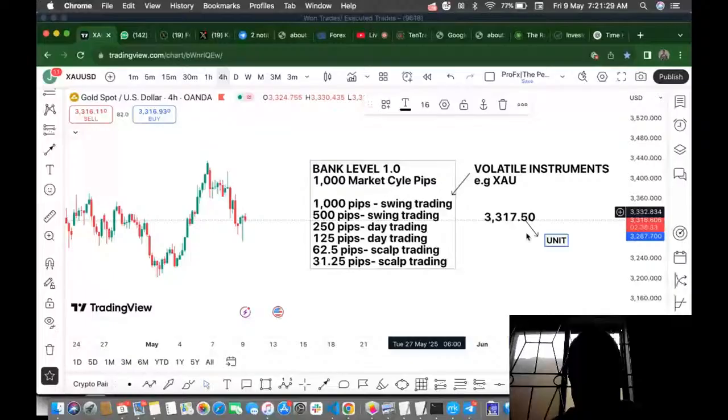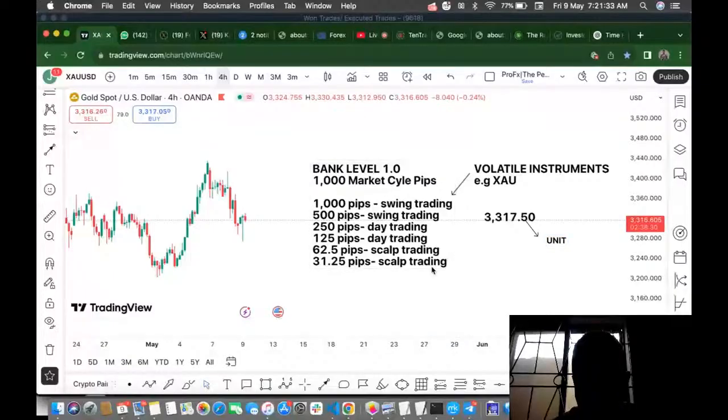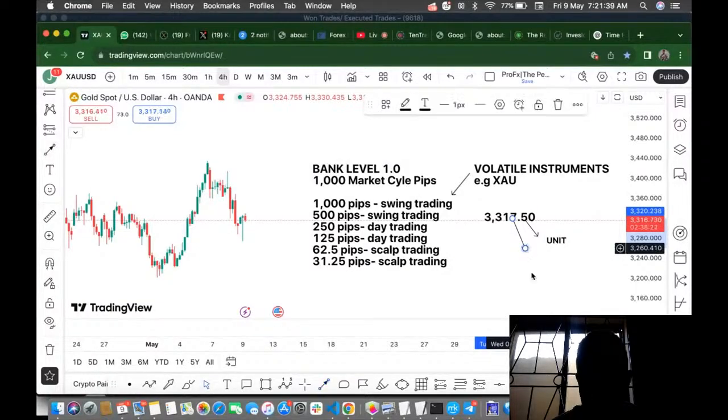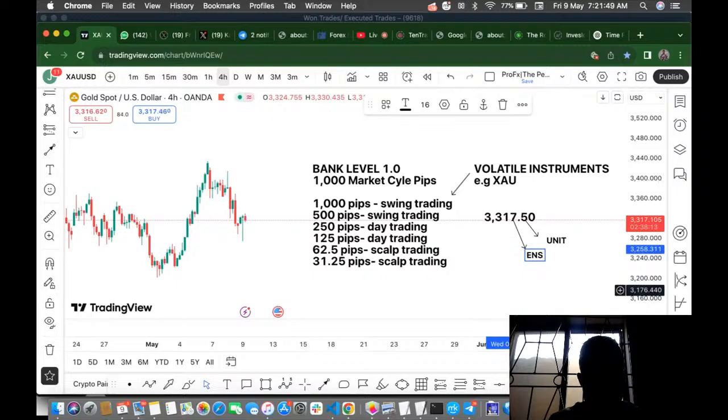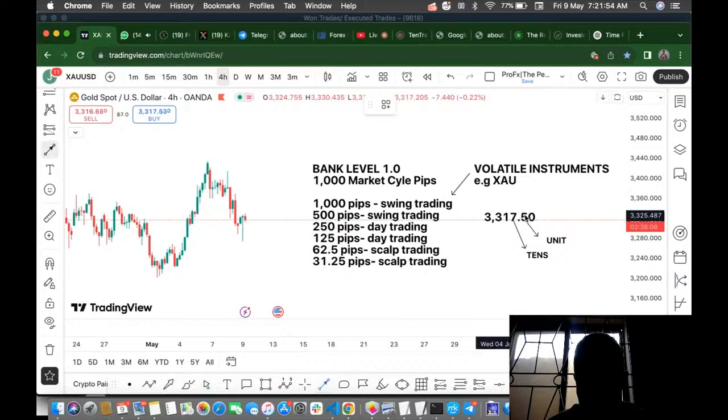At this point, the 7 here is going to be our tenths. Then the 1 is going to be 1,000.